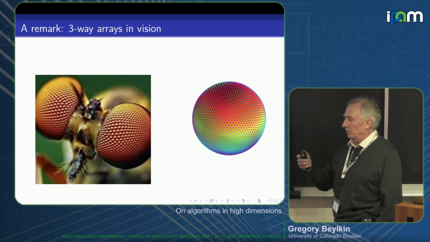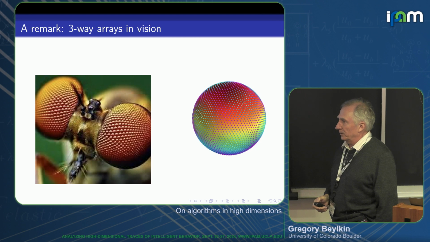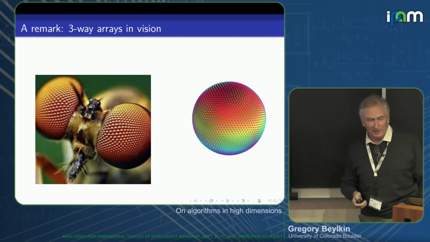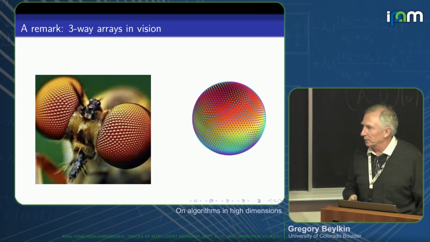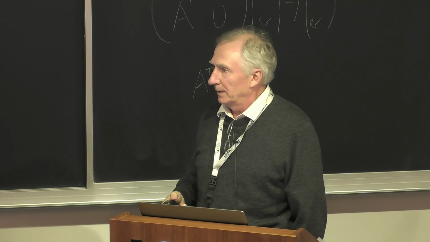Now, the human eye also has curves if you look at how the sensors are arranged. I can talk more about this separately, but it's very important to model things correctly because your image processing will depend on it.